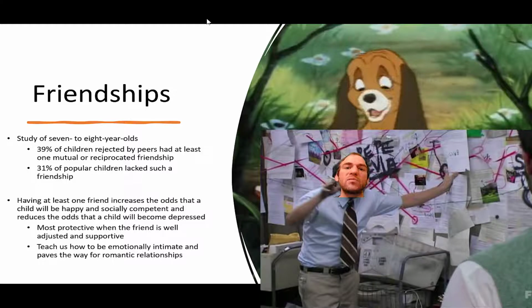And in the presence of this supportive, well-adjusted friendship, they can work on their social skills, develop a little more confidence, but also through that friendship grow to understand emotional intimacy, and these first friendships serve as a model and pave the way for future romantic relationships.